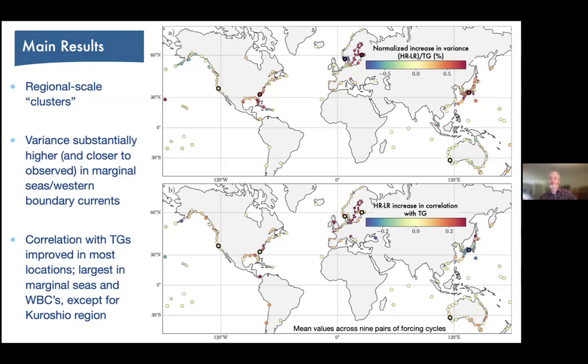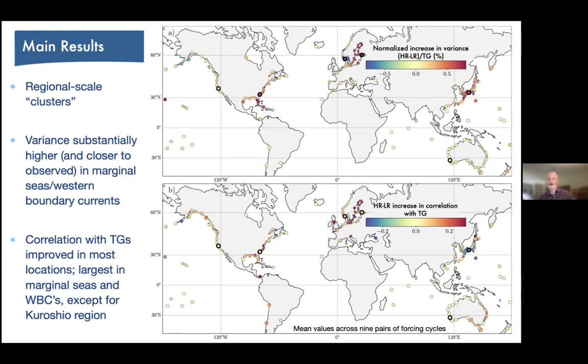It looks like most of the response, at least in terms of the phasing of the variability, is captured by the low resolution model. But you can actually see a stark contrast between what I pointed out before, between the Kuroshio and the southeast US coast, where you have these attached western boundary currents. In the Kuroshio, you actually have a decrease in correlation with tide gauges using the high resolution simulations.